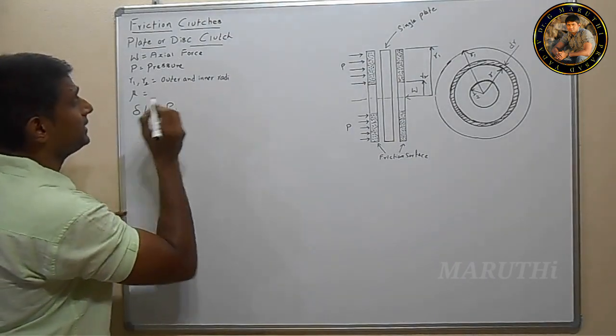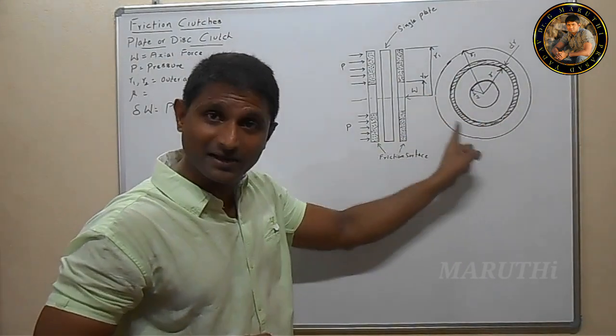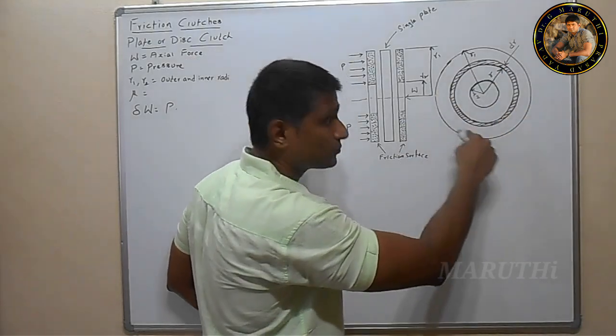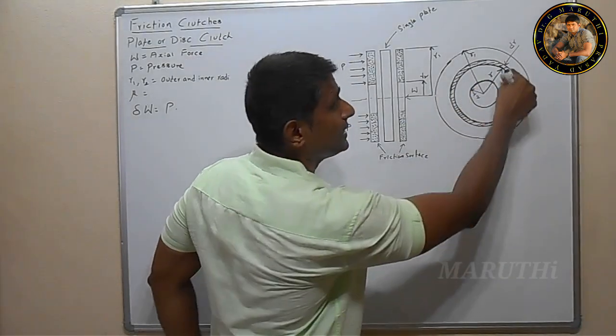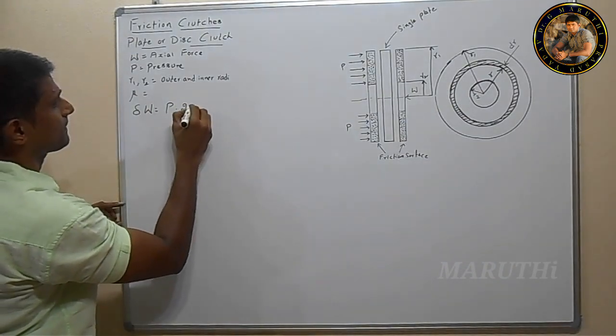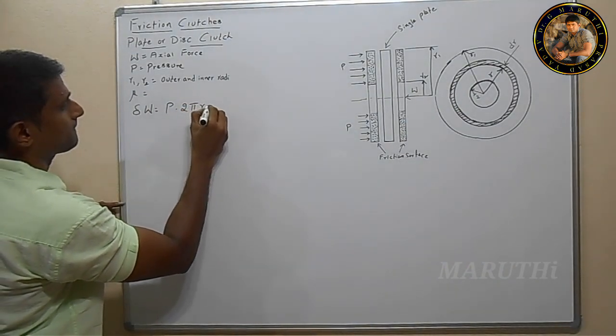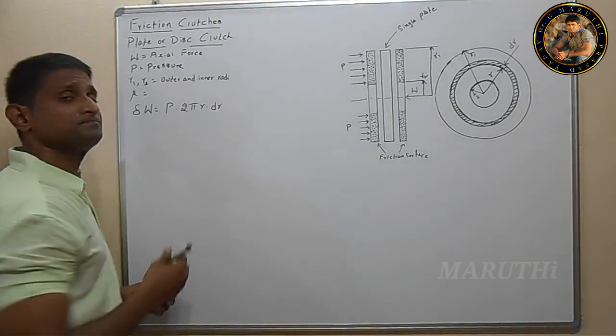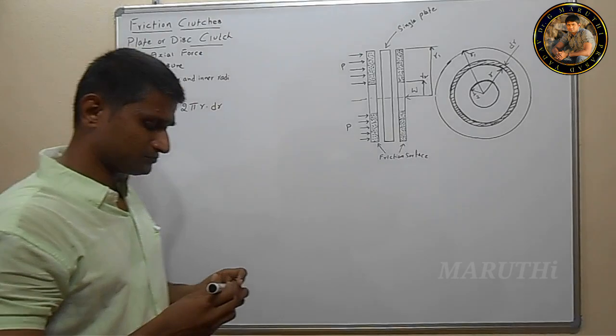The area of the elementary ring is the perimeter 2 pi r into its thickness dr, that is 2 pi r dr.